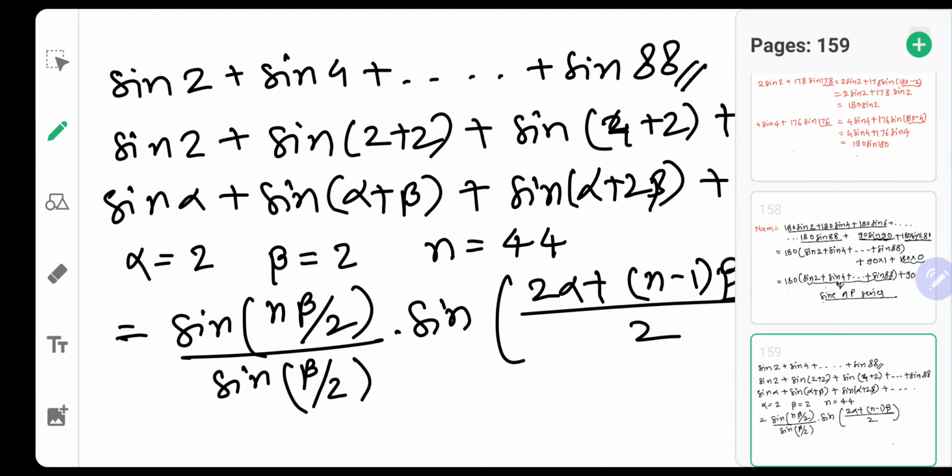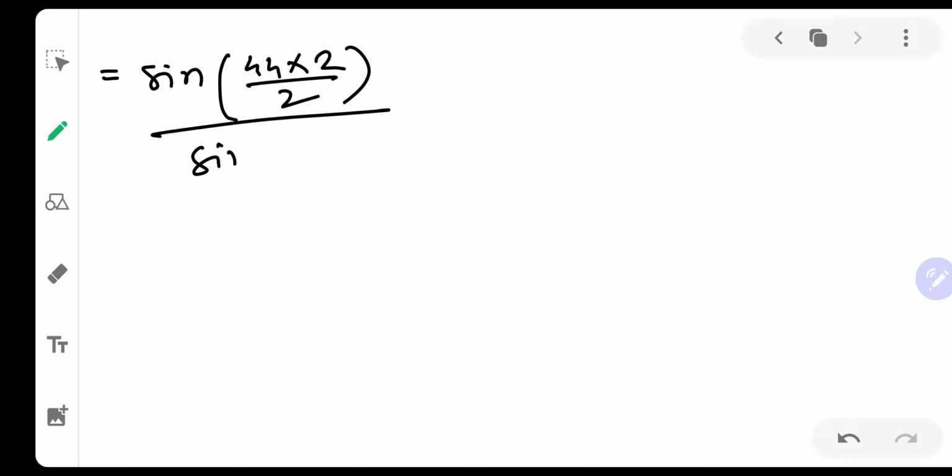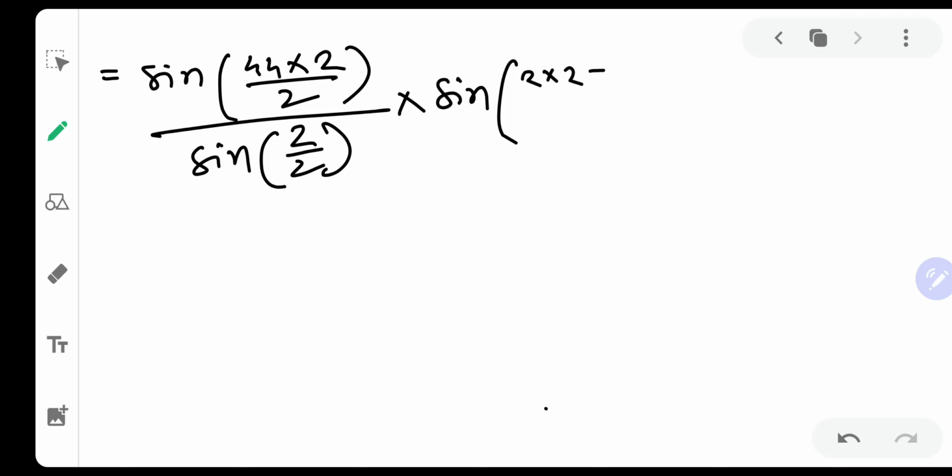So let us put down these values. This sine AP series will be equal to sine of 44 into beta by 2 upon sine of beta by 2 into sine of 2 into alpha, so it will be 2 into 2 plus 44 minus 1 into 2, upon 2.